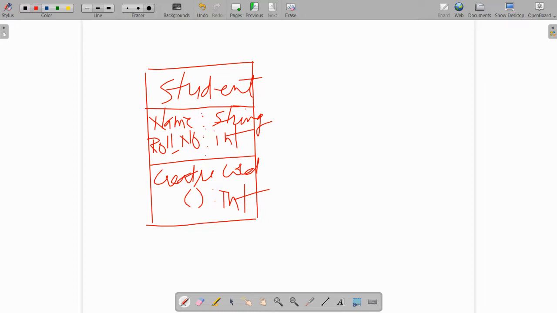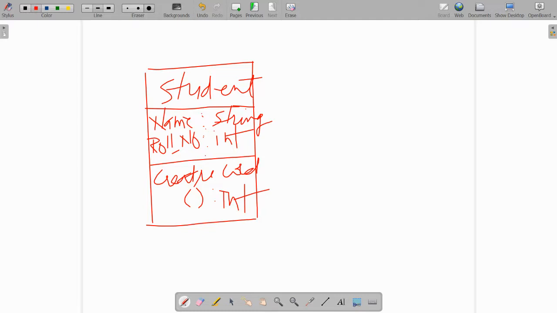Once you do this, the question is whether I can do something more on this particular class diagram which you see on your screen, so that it becomes more informative. Now here comes the role of UML under the class diagram: there are different notations which are used.